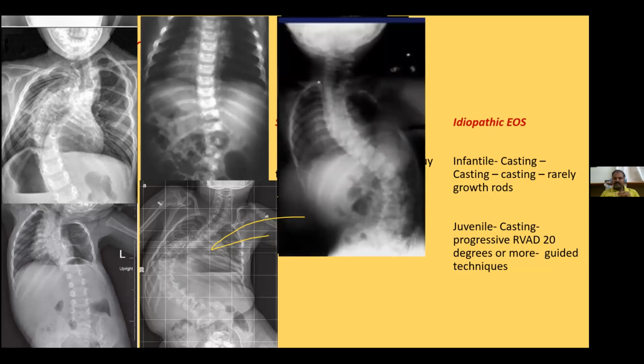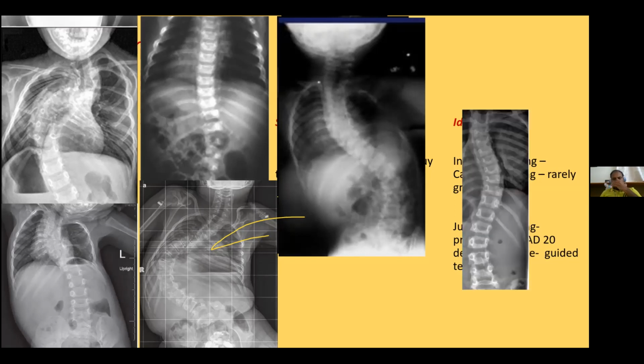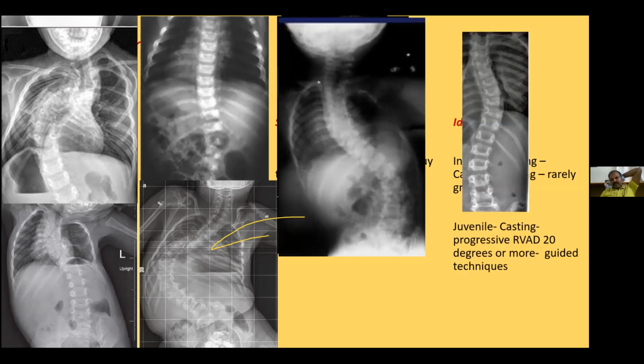Idiopathic variety, infantile: you don't lose anything by casting, casting and again casting until it stays there. Rarely it requires surgery. Juvenile variety, where you see the curve occurring above 4 years, if it shows an RVAD of more than 20, or if it's progressing, then you use a guided technique. Suppose a curve like this, idiopathic variety, you can still wait, with casting and then bracing.